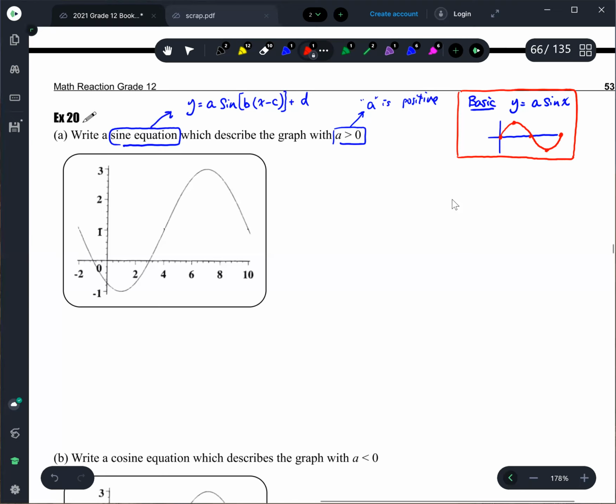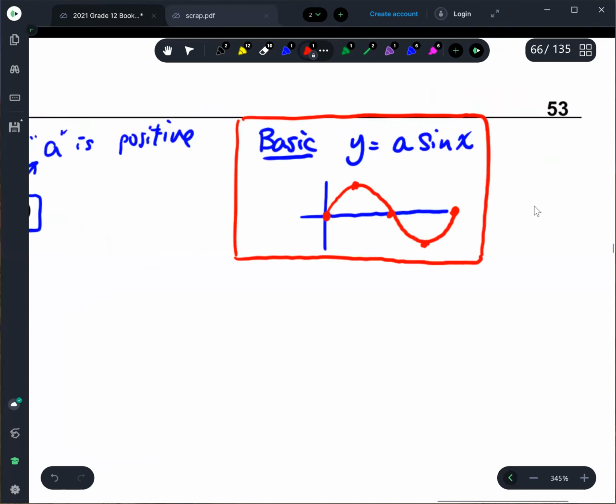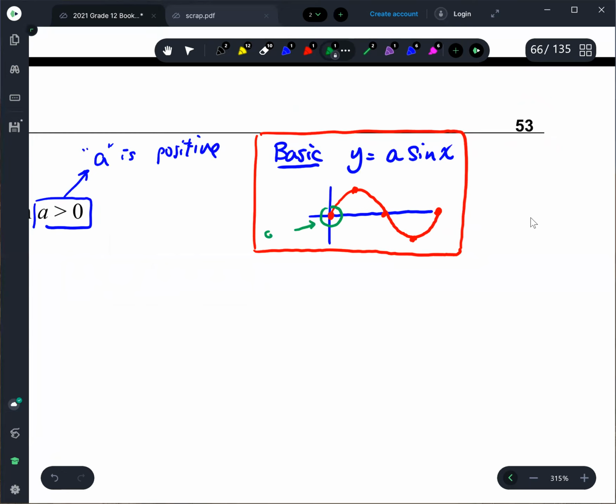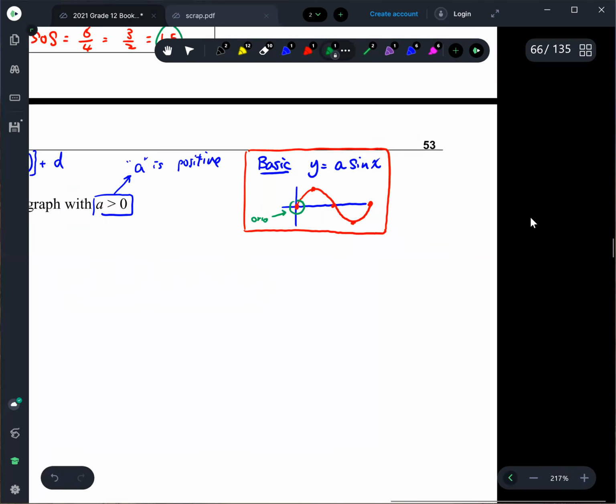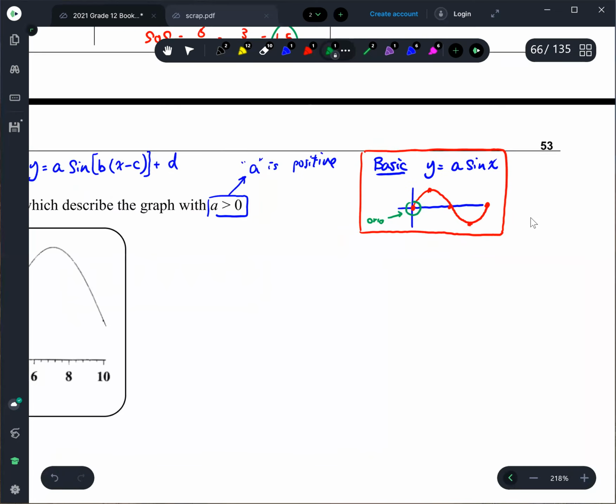So you want to find this shape from the graph that they give you. This starting place, I call that the origin.